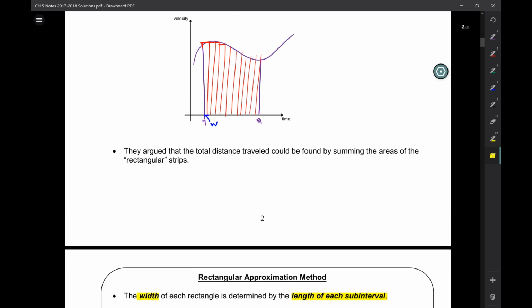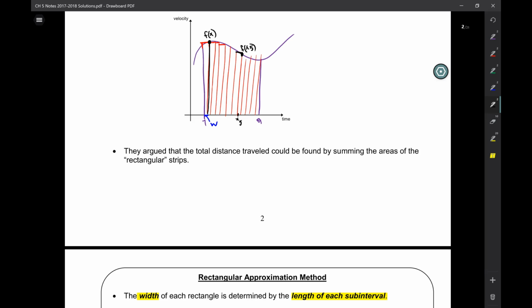Here's the big idea. The height here is f of x at that point. So, if this is the point x5, the height of that rectangle is f of x5. So, do you see what we're doing?